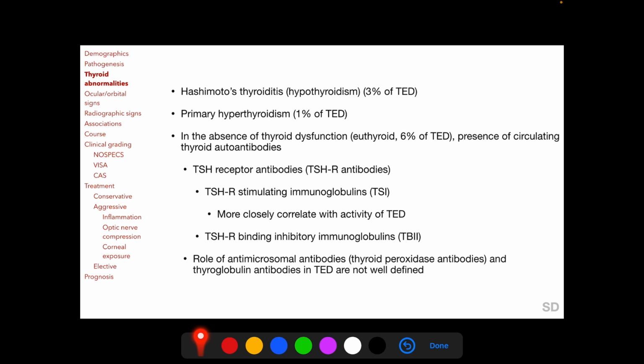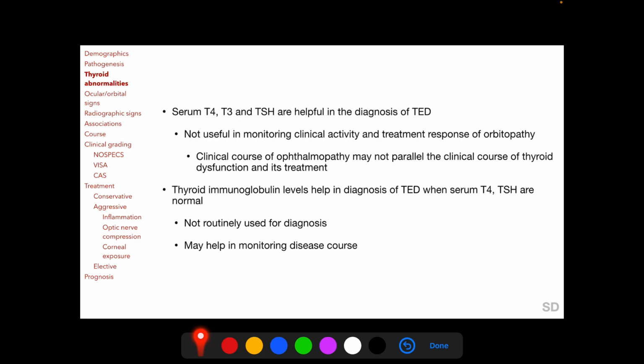The role of antimicrosomal antibodies, also known as thyroid peroxidase antibodies, and thyroglobulin antibodies in thyroid eye disease is not well defined. Serum T4, T3 and TSH are helpful in the diagnosis of TED, being one of the criteria of diagnosis of TED, but they are not useful in monitoring the clinical activity or the treatment response of the orbitopathy, because the clinical course of ophthalmopathy or orbitopathy may not parallel the clinical course of thyroid dysfunction and its treatment.